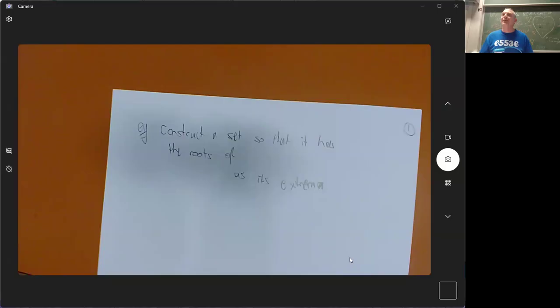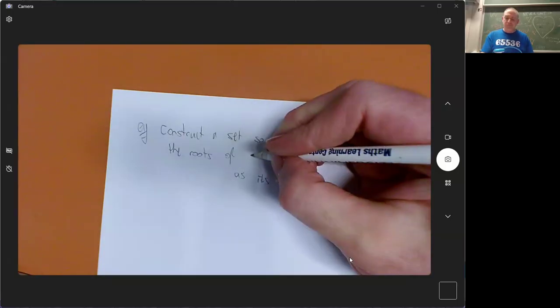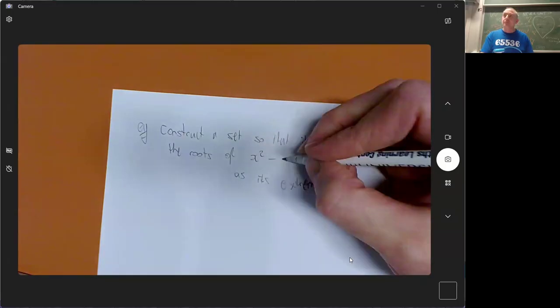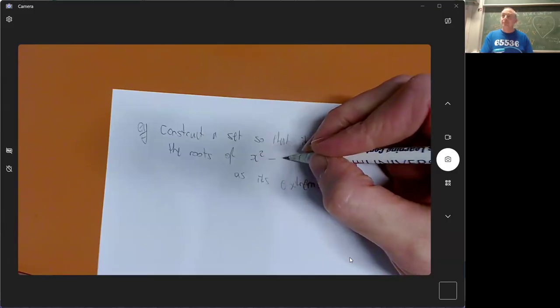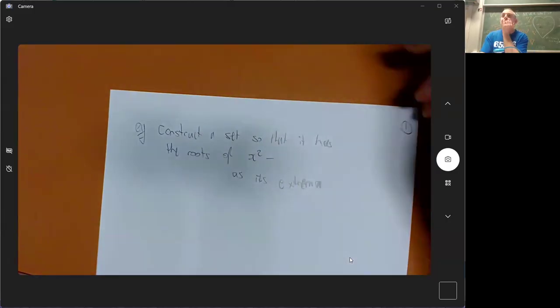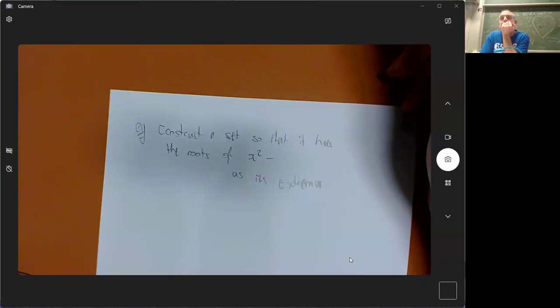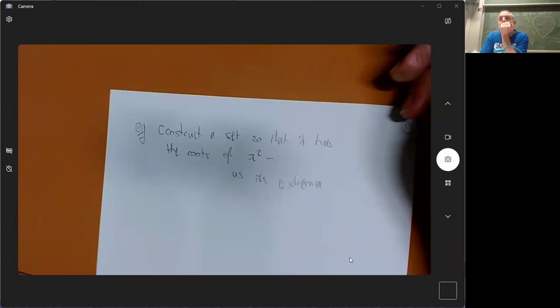I don't know what they want. I feel like when they did it before, they just had like x such that the function was greater than 0.